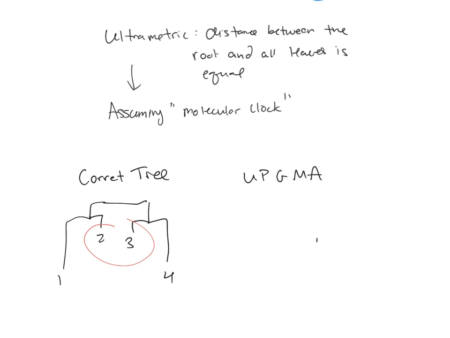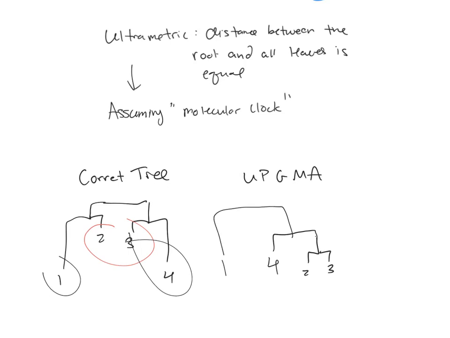It's going to say, okay, 2 and 3 are really close together, so we're going to group 2 and 3. And then 4 is a little closer still, so we're going to put 4 here. And then 1 is left over, so we're going to put 1 here. And of course, this is the incorrect tree. So this is a problem with UPGMA.